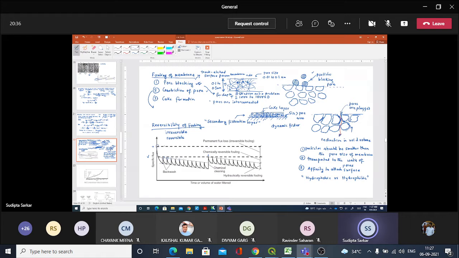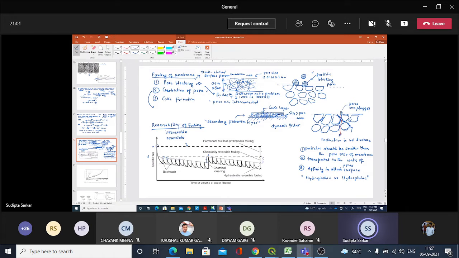So you can see this is the original state here. The top line is the original state, and then when you do the chemical cleaning, the part which can be restored is known as chemically reversible fouling.